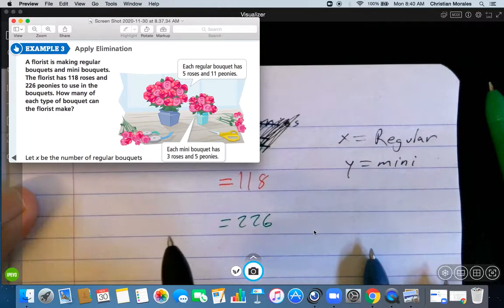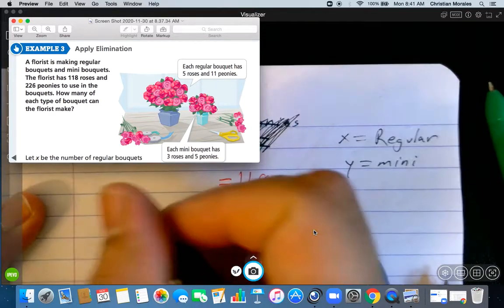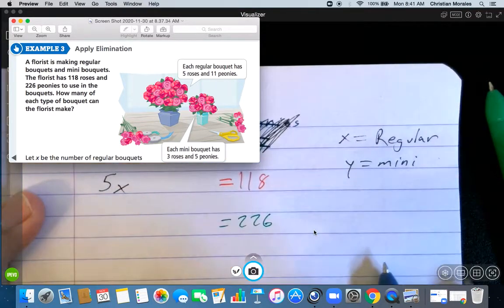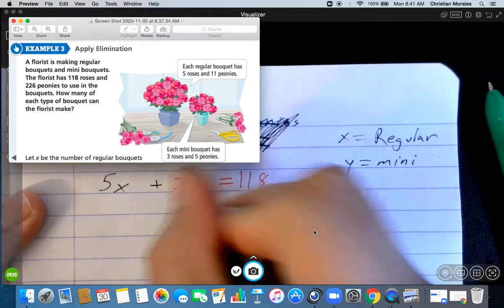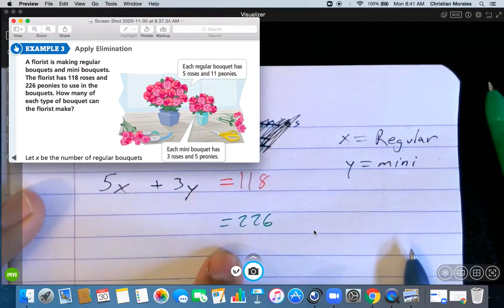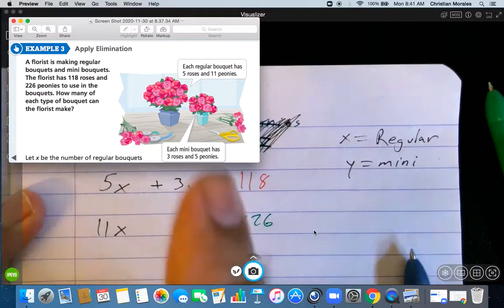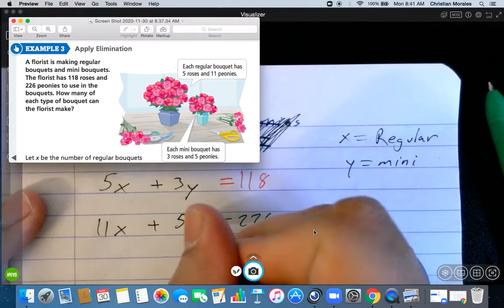For the regular bouquets, it's 5 roses, and for the mini, it's 3 roses. So it's going to be 5x for the regular and 3y for the mini. For the peonies, it's 11 goes with the regular and 5 go in the mini.